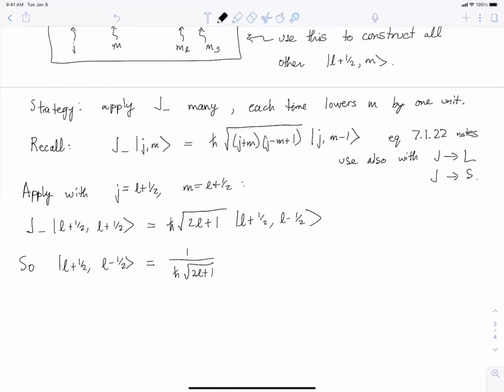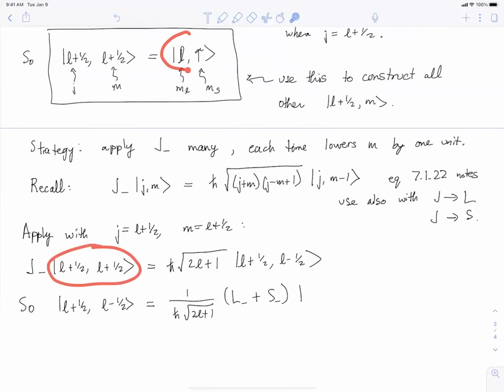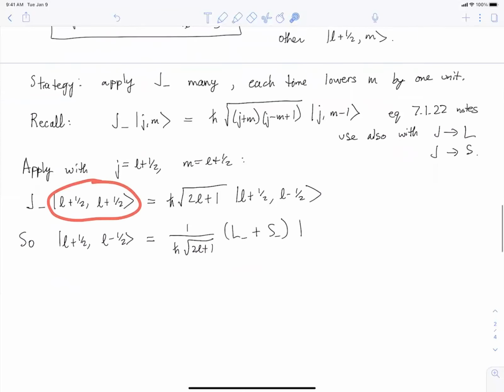And we're going to rewrite J minus as L minus plus S minus. And we're going to rewrite the state that we know here in terms of the result we got for it, which was |L, up arrow>. So this is written in the product basis, and the left side is written in the total angular momentum basis.